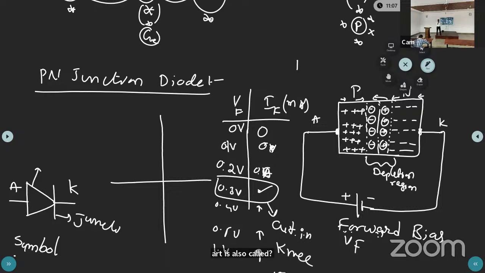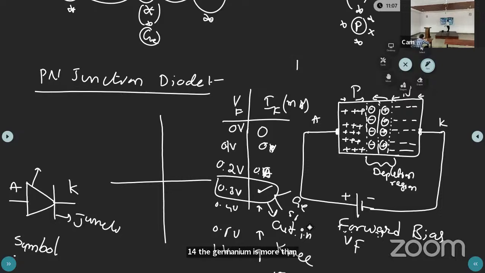For which applied voltage under forward bias does the diode start conduction? Conduction means allowing the electrons. That voltage is called cut-in voltage or knee voltage. This voltage is different for germanium and silicon. What is the atomic number of silicon? 14. Germanium's is more than silicon's.